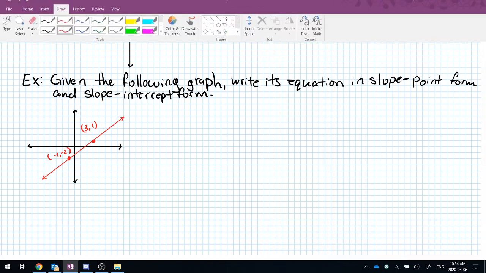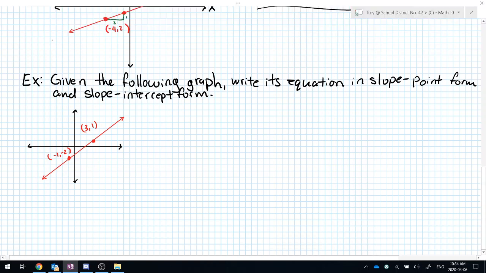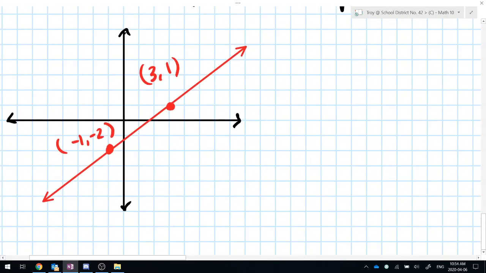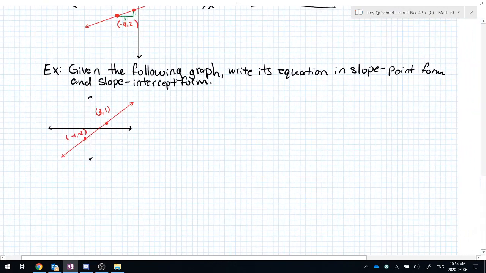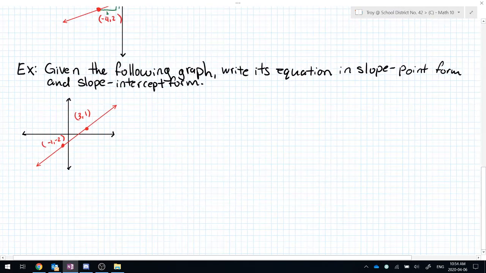If we take a look here, the first thing we want to use is slope point form because the graph doesn't cross the y-axis at an exact point. Like that y-intercept there, it looks like we could estimate it. It looks to be about -1.25, but it doesn't cross exactly on a grid line. So we don't want to estimate if we're coming up with an equation.